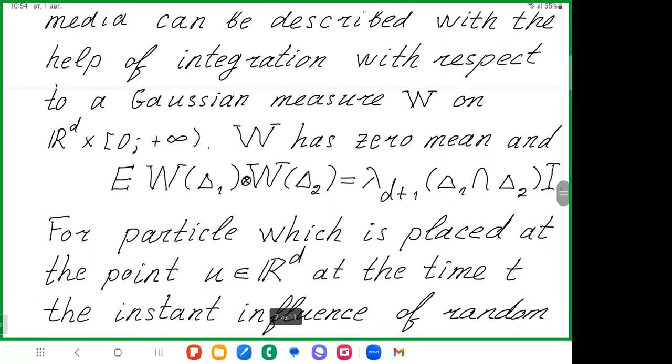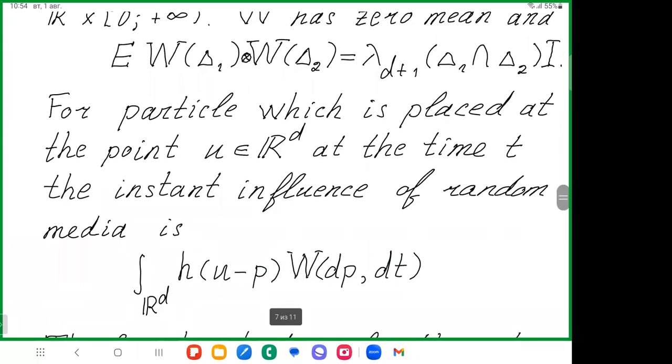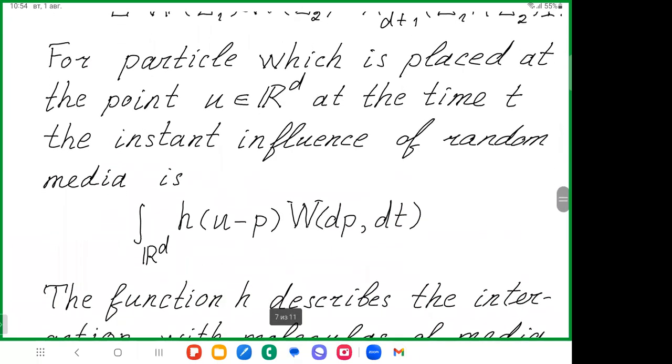For a particle which is placed at the point u at the time t, the instant influence of random media is described as follows. So we have the integral, you remember the cloud. I propose to describe this cloud by the function h, and of course this function must decrease to 0 when the difference between the position of the particle u and the position of the molecule p goes to infinity.